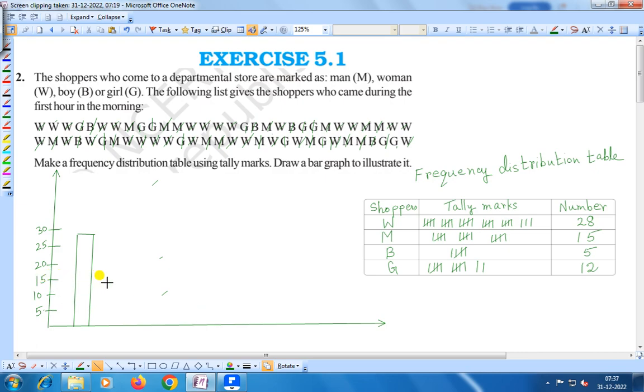Men 15 means this one. Men is 15. Right. And boy is 5. Here it is 5. Therefore the boy is 5. And girl is 12: 10, 11, 12. This height.